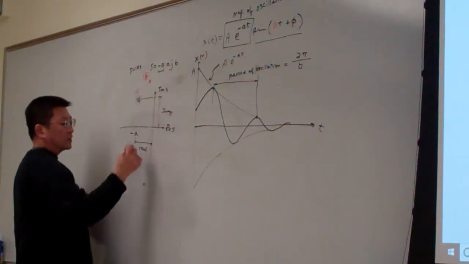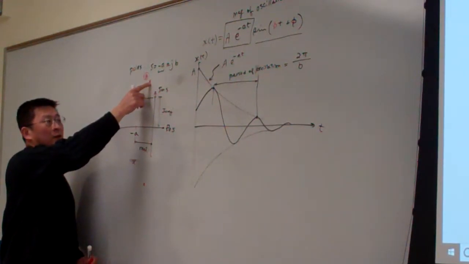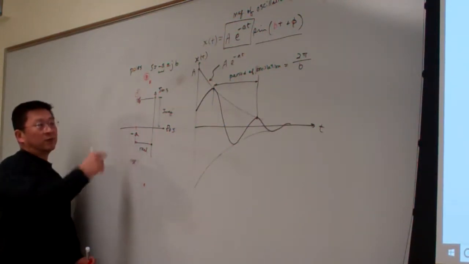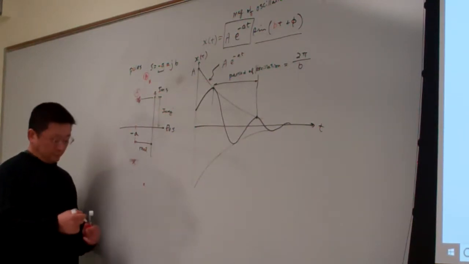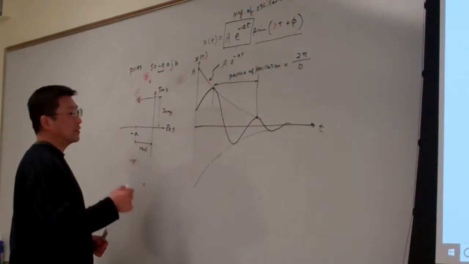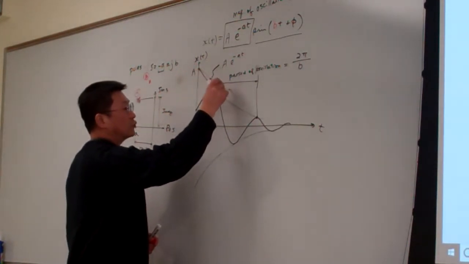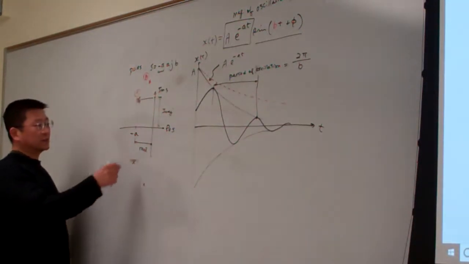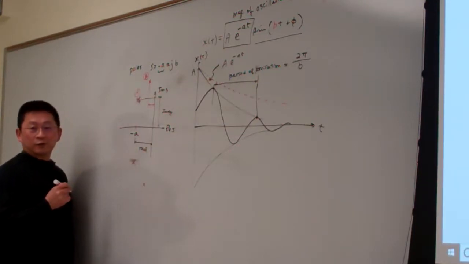System B has the second order poles here. So for system B, can anyone tell the decaying? System B has the slower decaying profile. Can you see? Because system B has a smaller real value.